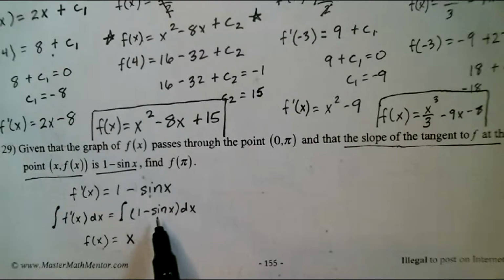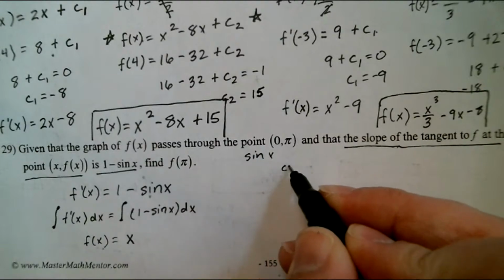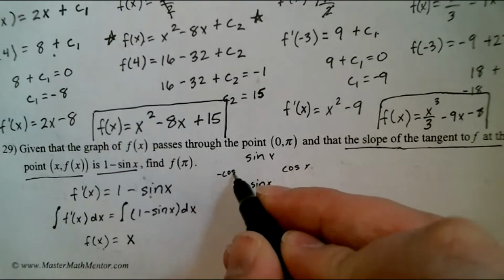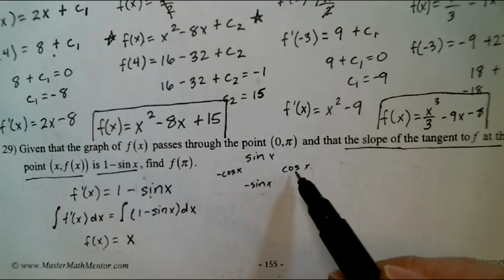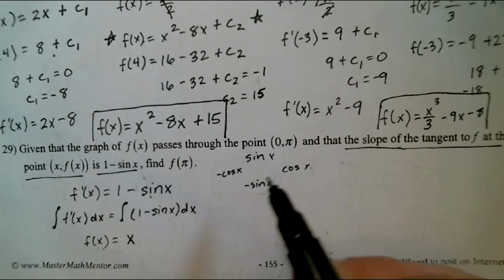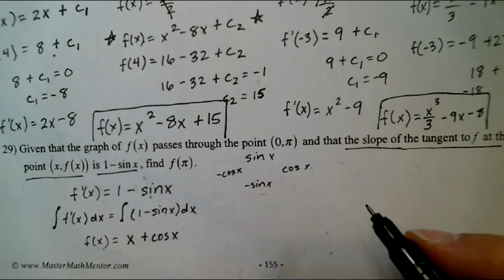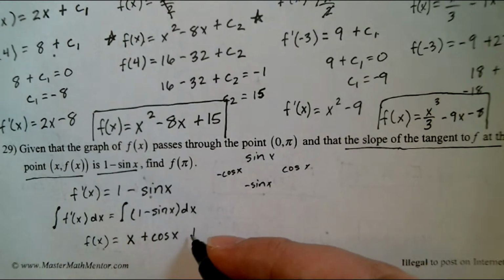And think with integrals, this is where that clock comes in. Sine x, cosine x, negative sine x, negative cosine x. Think counterclockwise. So negative sine x would take us back to cosine x. So plus cosine x. And then I say just plus C.